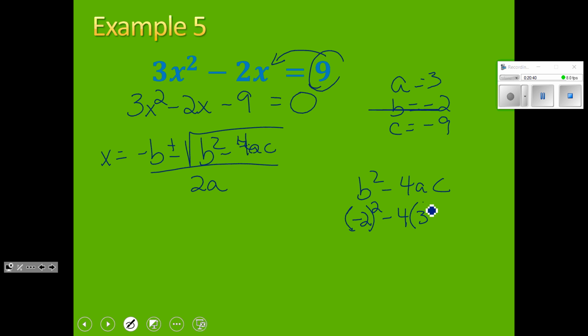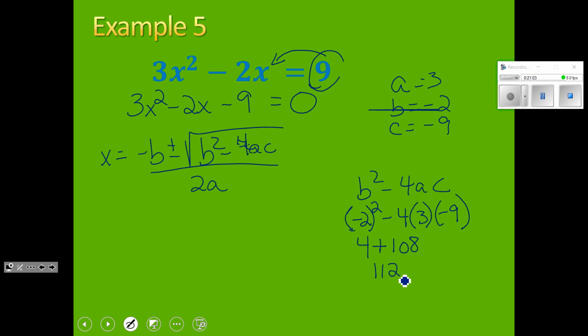A is 3 and c is -9. So -4 times 3 times -9 is positive 108. When I add it all together, I get 112.